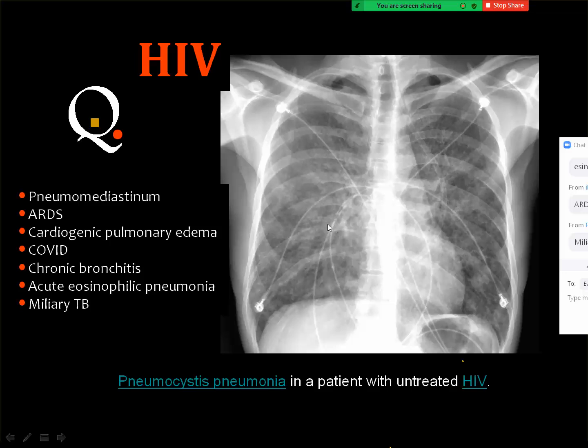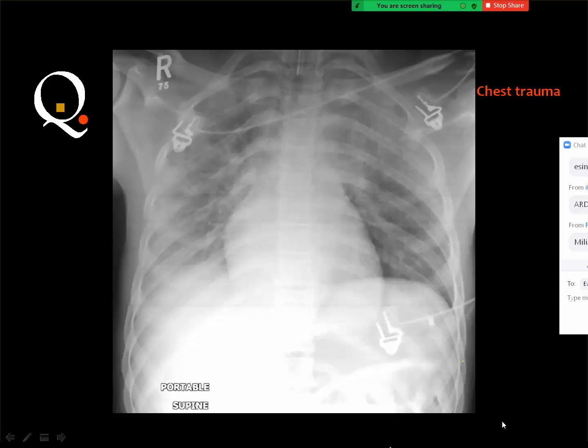But sometimes, because of the pandemic, we assume that the changes in the lung may be related to COVID. Then we will have the CT scan to confirm the distribution of the opacities and to reach the diagnosis. Then this is not miliary TB because these are alveolar lesions. They are not miliary opacities.